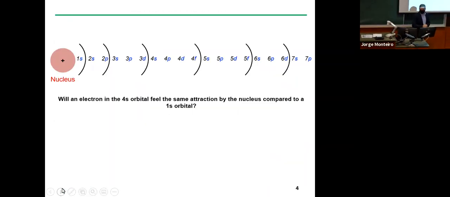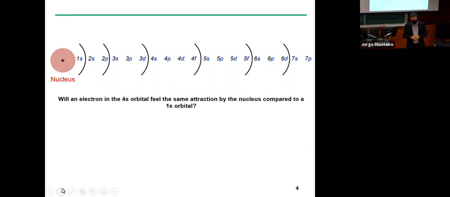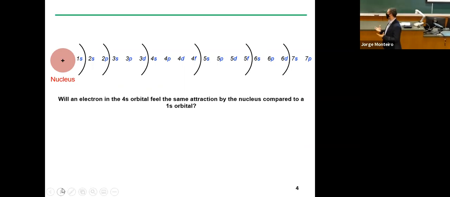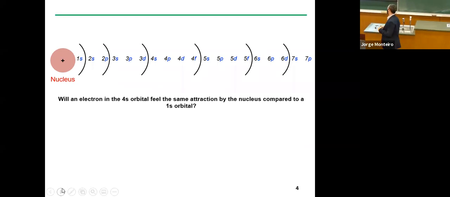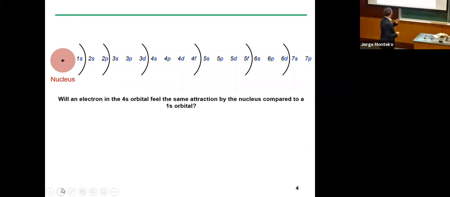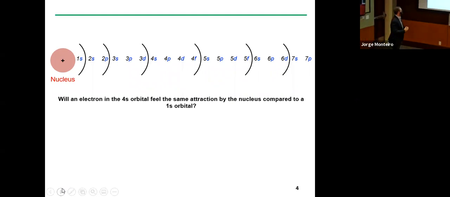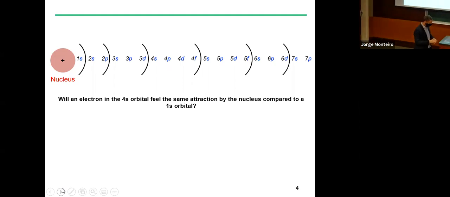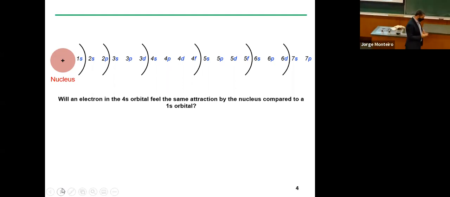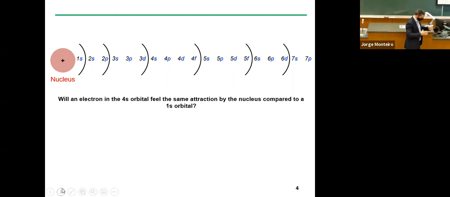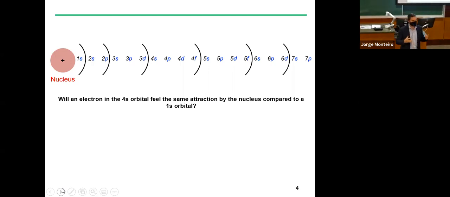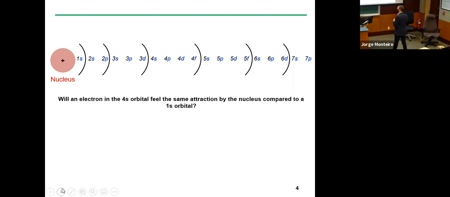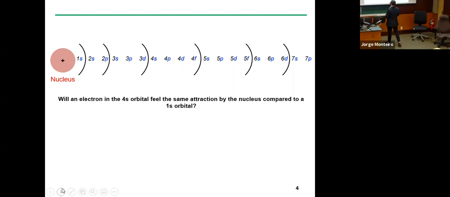Okay, so now let's think about something here. Will an electron in the 4s orbital feel the same attraction by the nucleus compared to a 1s orbital? So that is the first question. Use your knowledge and your intuition to think about that.